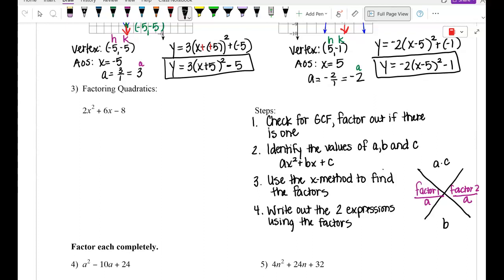You need to bring that back down. It is part of the answer. It doesn't just go away. So when you get to that step 4, if you took out a GCF, and again, a GCF can be a number, a variable, or a combination of numbers and variables, it does need to appear in that answer.